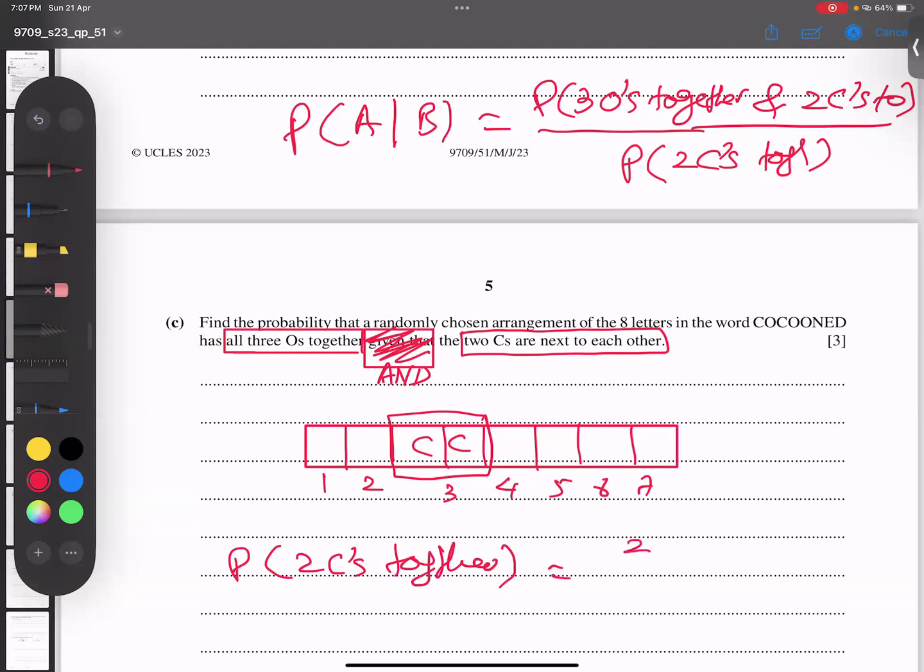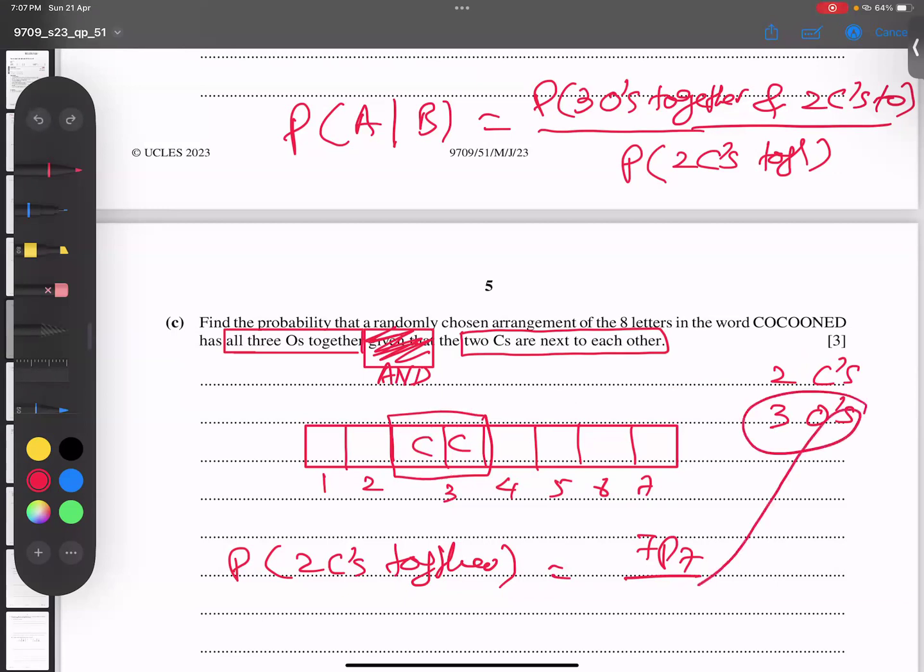So 7P7, because two C's are together, we will not care about this. There are also three O's. The C's are gone, no longer counted, because we take a block. And they are similar elements, so we can't divide by 2 factorial. Sometimes we say divide by two, but not here, because they are similar and we don't know which C comes before or after.